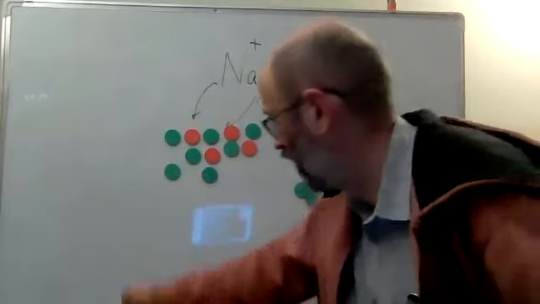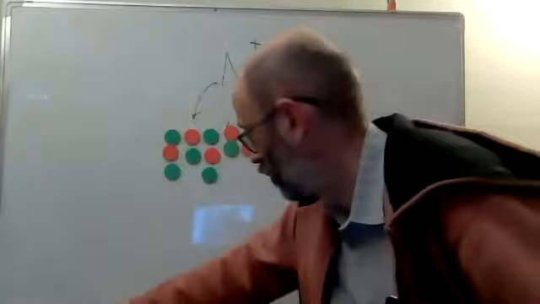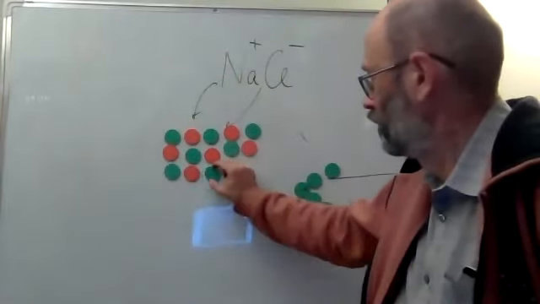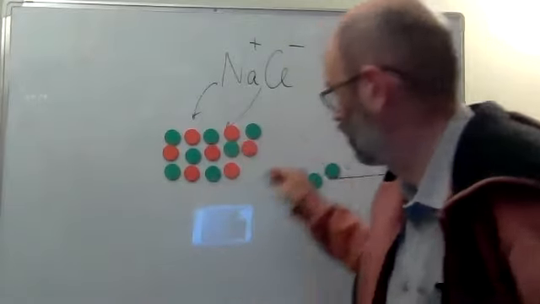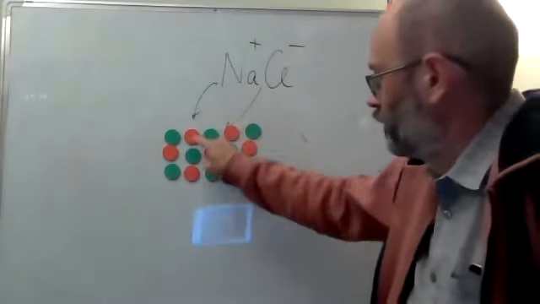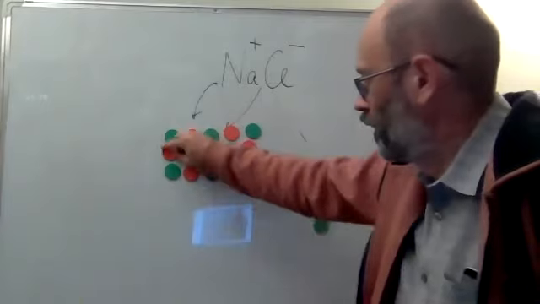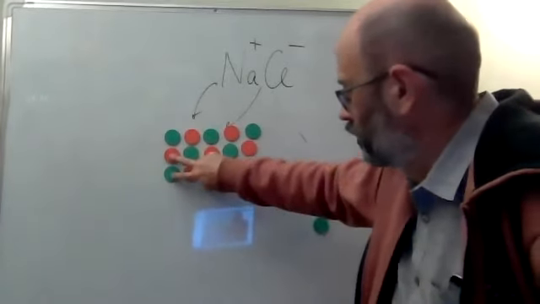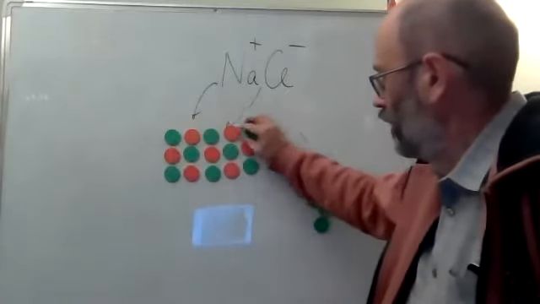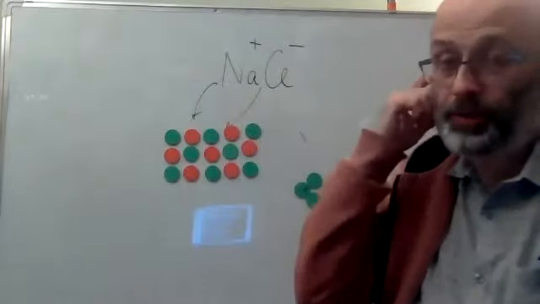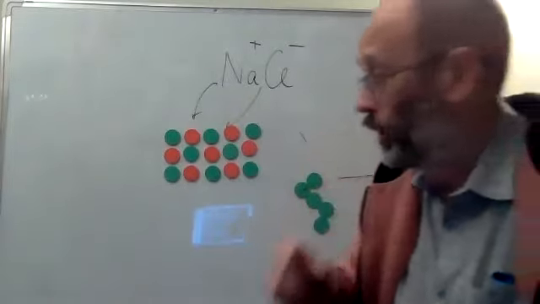And so there are attraction forces between oppositely charged ions and repulsion forces between similar ions. So each sodium repels each other, each chlorine repels each other, but chlorine attracts sodium, sodium attracts chlorine, and you have this type of lattice.